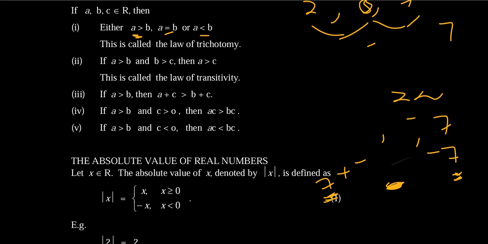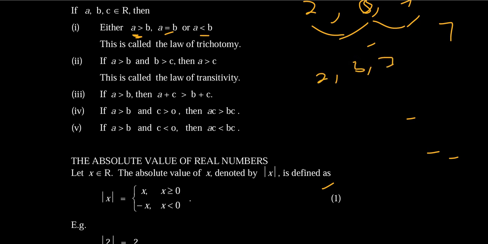Then we can go on to the next part, which says if A is greater than B and C is greater than 0, then AC is greater than BC. You can just pick any numbers and try these laws on them. So with the same 2, 5, 7 we used, let's assume 5 is our A and 2 is our B, so 5 is greater than 2.